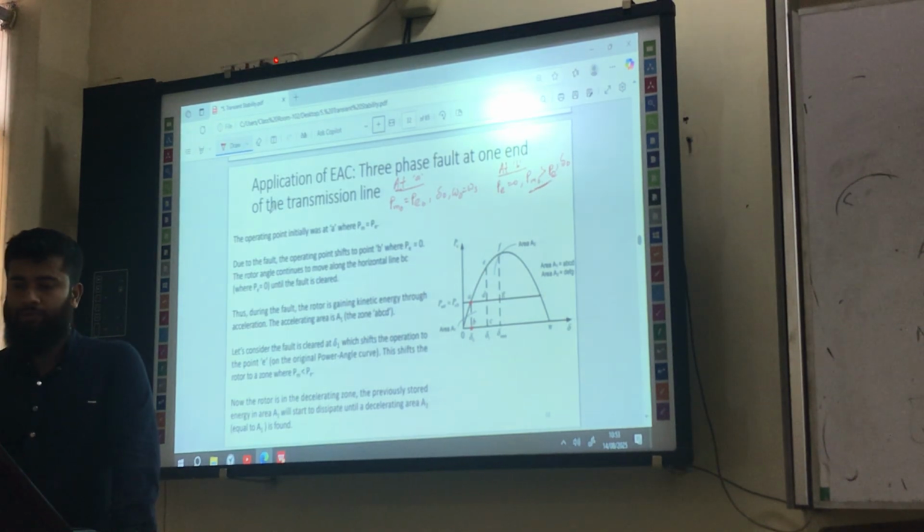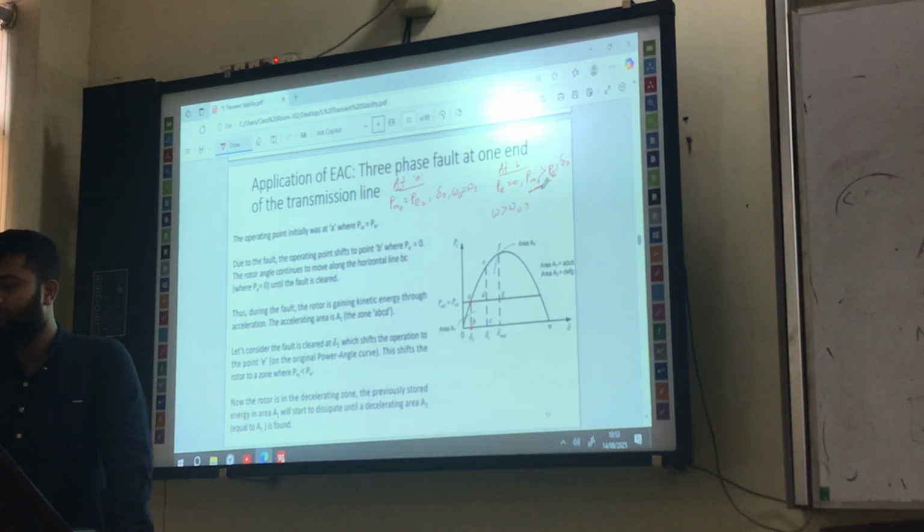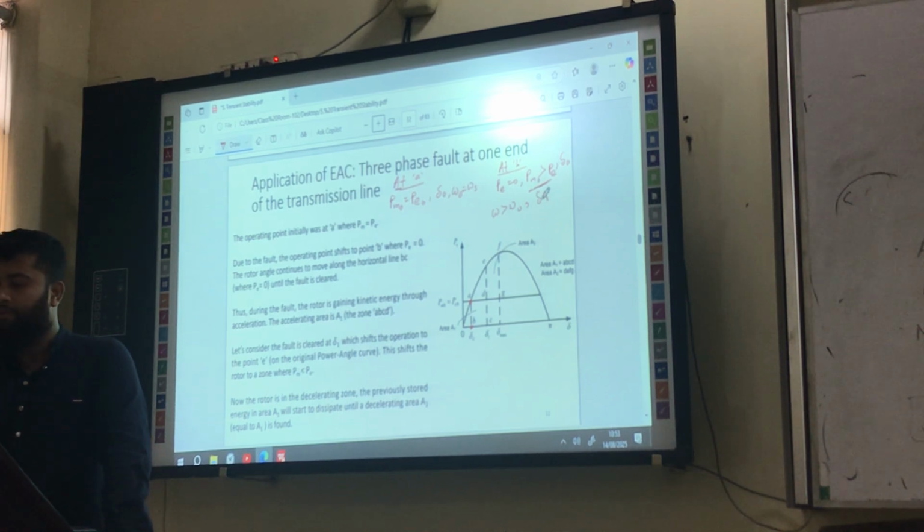If you think about the swing situation, the rotor will accelerate, right? That means our rotor speed will now be higher than omega naught. If this is the case, what will happen to delta? Delta will increase, right? Because d delta over dt is equal to omega minus omega naught.